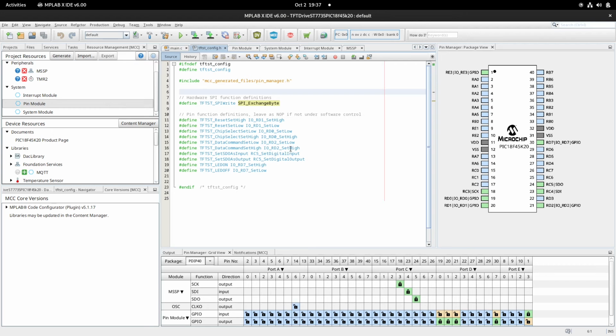Let's have a look. RD1 was the reset pin. Yeah, there it is, connected to the reset pin of the display driver. RD0, I use it as a chip select. RD2 is the data command one, so you just need those wires as well. You can pick any pin that you want.